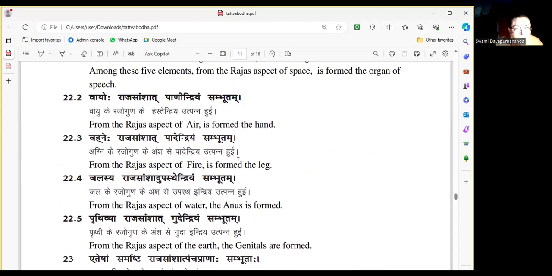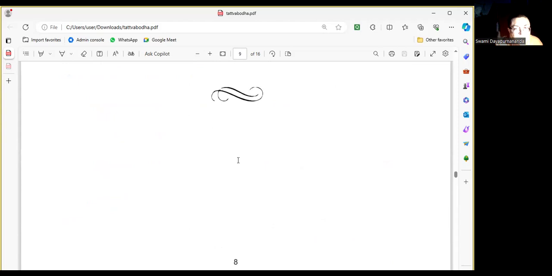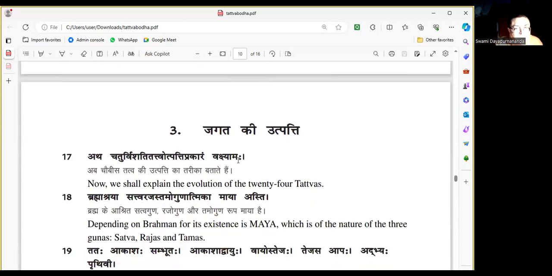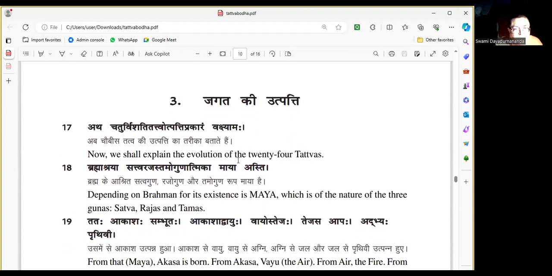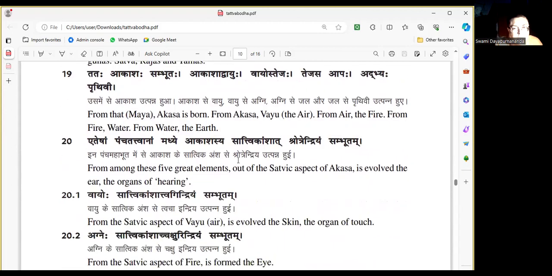In the beginning of this chapter, Jagat Utpatti, we read: Atha Chaturvimshati Tattva Utpatti Prakaram Vakshyama. He said, I will explain the evolution of the 24 tattvas. How is it 24? The Pancha Mahabhuta are Akash, Vayu, Tej, Apa and Prithvi, 5.